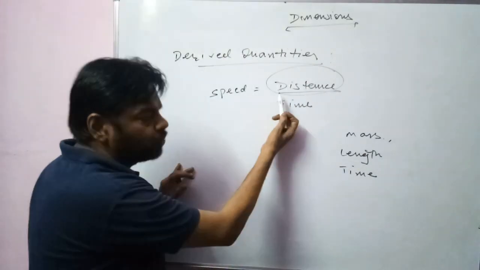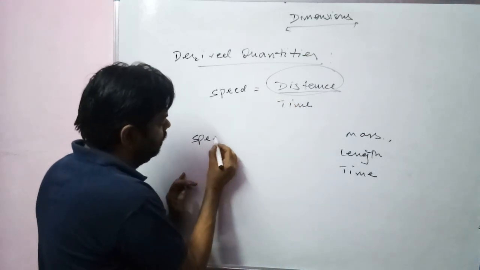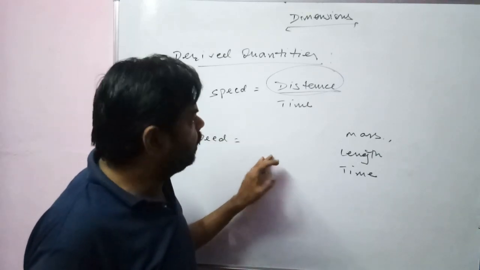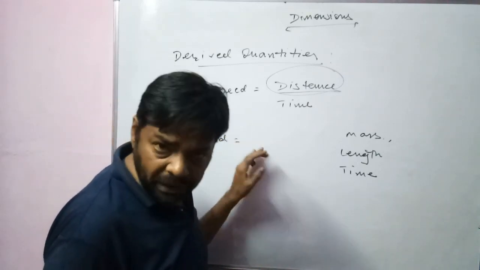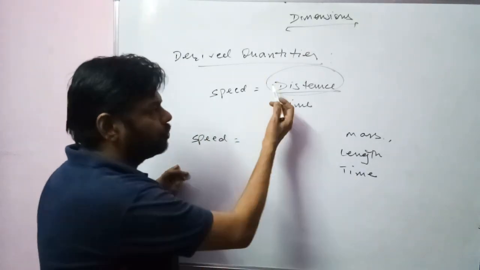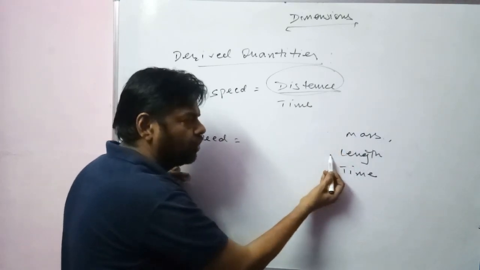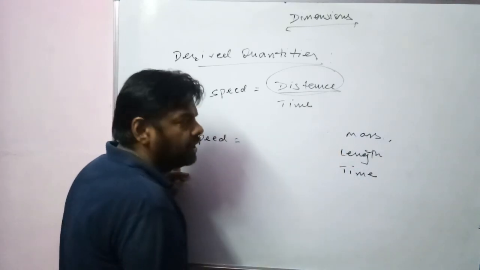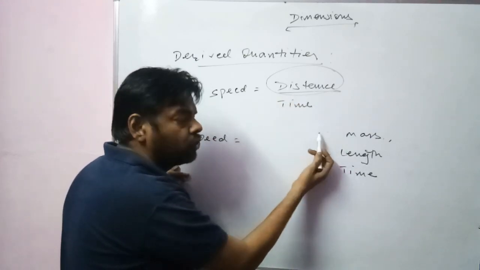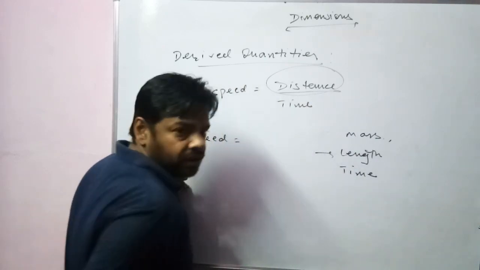Now, the first one was distance. I am writing the fundamental quantities in place of the physical quantities present in the definition. This distance does not belong to mass, it does not belong to time, but it belongs to length.